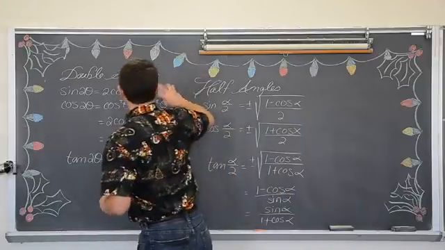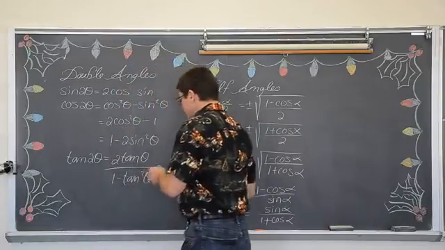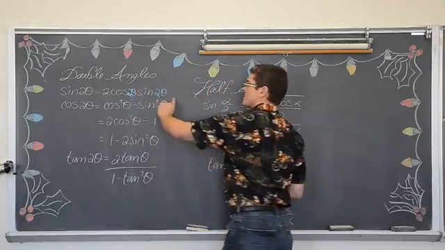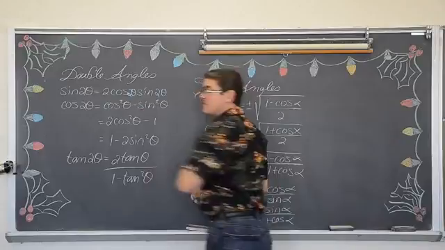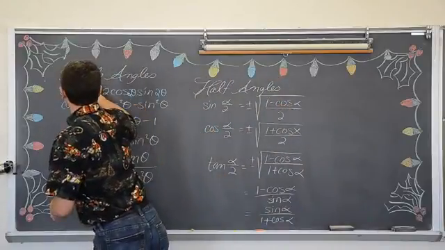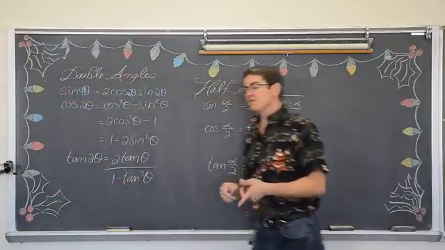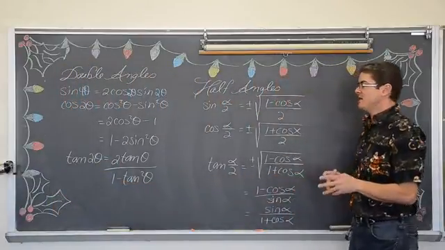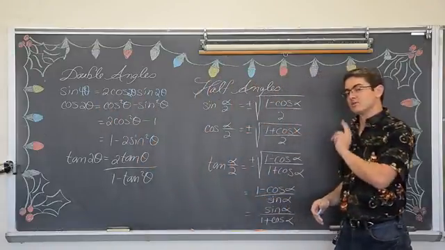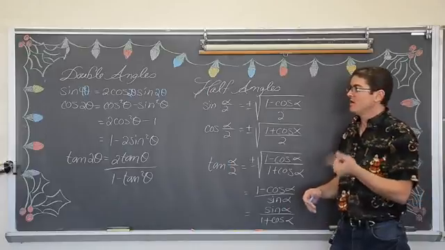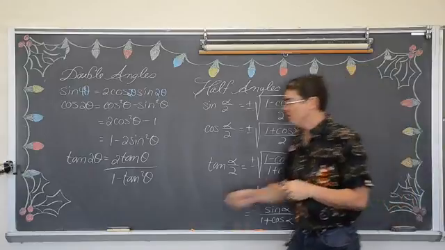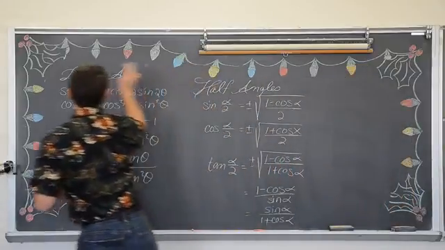So if I just said, let's let this theta be 2 theta, well then this other side of the double angle identity, this angle which needs to be twice as big, would be 4 theta. So just take note of that idea that it's not necessarily 2 theta and 1 theta, it's that they're double angles, that one angle is twice the size of the other. That'll become important when we take a look at our trig proofs, which is not going to be in this video. We're just going to start evaluating some trig expressions.